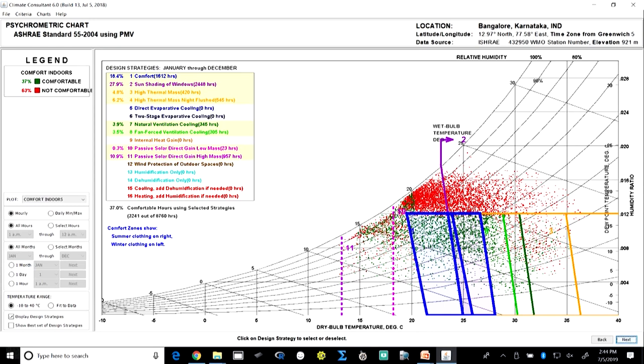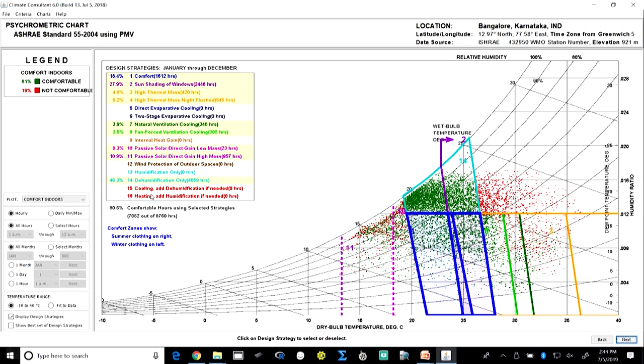Now, the problem in this Bangalore climate is also the high humidity temperatures, where higher temperatures come with high humidity, and here if we add only dehumidification, because it is anyways within the comfort range of temperature, but the humidity is high. So, if I just dehumidify the environment, I would be able to bring in about 46.3%, and that makes 81% of the hours of the year as comfortable.